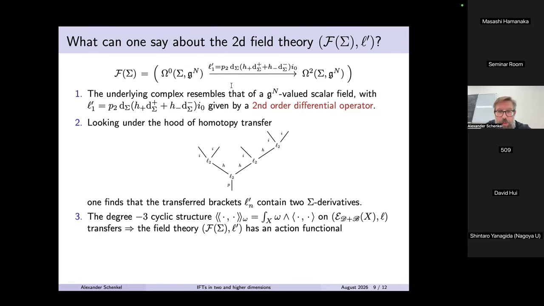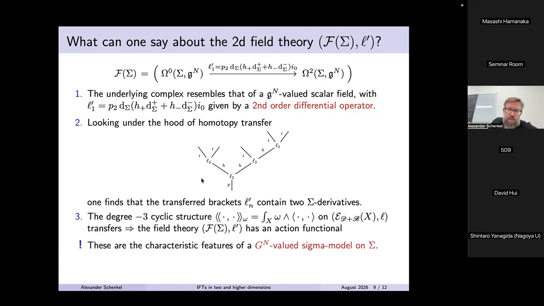So whatever two-dimensional field theory that is, it has an action functional. And these are, at least from my point of view, the characteristic features of a sigma model on sigma, valued in a Lie group to the power n, in n copies of a Lie group.